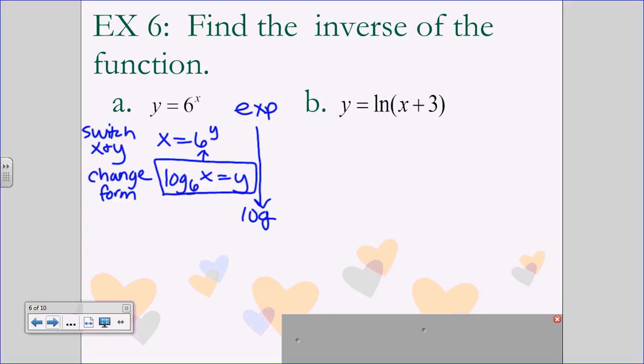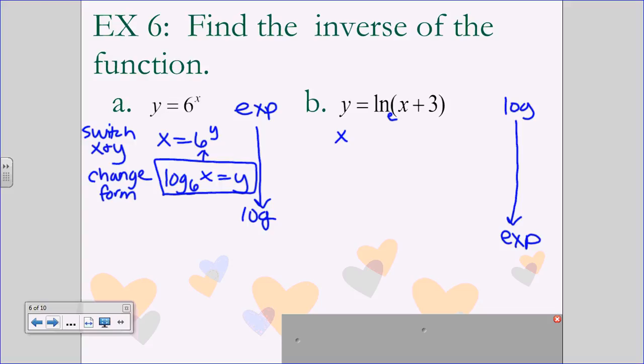Now let's try another one, but going the other way around. I'm starting with, remember, a natural log, so it's kind of like log base e. You can put an e there to remind yourself of what that is. I'm going from a log, and I want to end up at the end with an exponential. That's a good reminder to write down so you know if you're done or not. First I'm going to switch x and y.